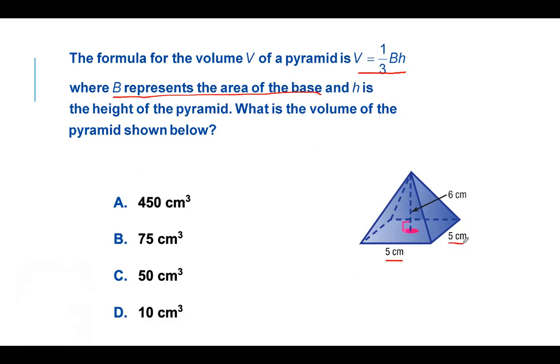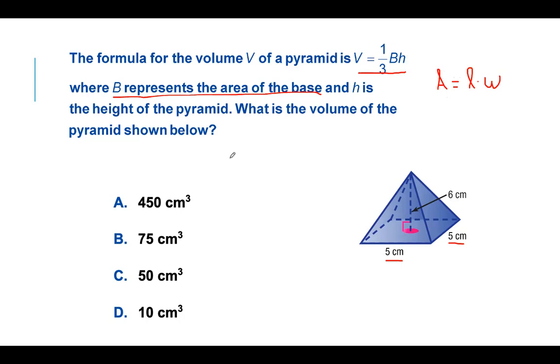Since my base is a square or a rectangle, we know our area is equal to length times width. In squares, we usually just say the side length squared, but we're going to remind ourselves that the area of a rectangle is length times width.